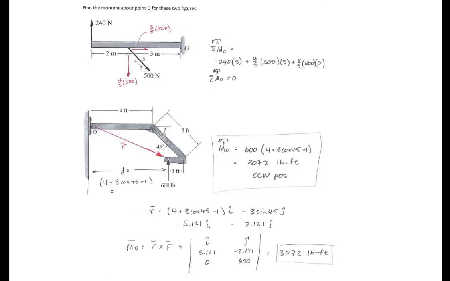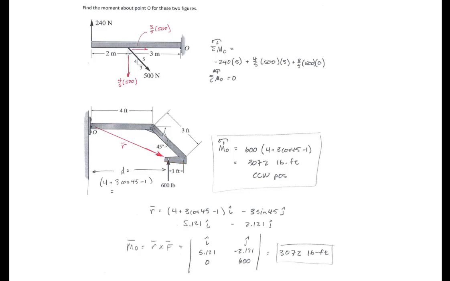In this second one, we have a moment caused by this force, and this is the perpendicular distance here. So the only problem here is trying to find out what the perpendicular distance might be. And so what we're going to look for is that it's going to be 600, and the distance, if you look, is going to be 4 feet plus the cosine component of 45 minus the 1 foot.